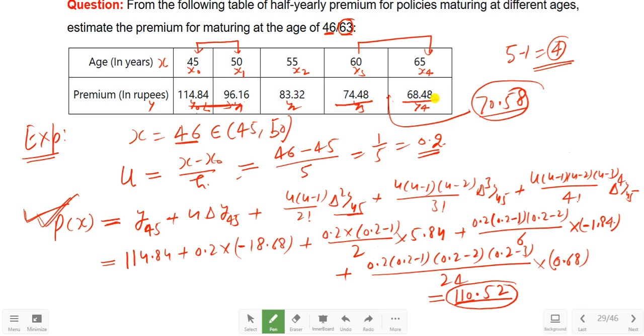So in that case, the premium always lies between the two consecutive y values. So this is the way to compute the y values for a given value of x with the help of the Newton's forward difference interpolation formula as well as the Newton's backward difference interpolation formula.